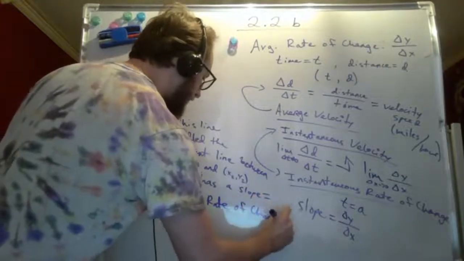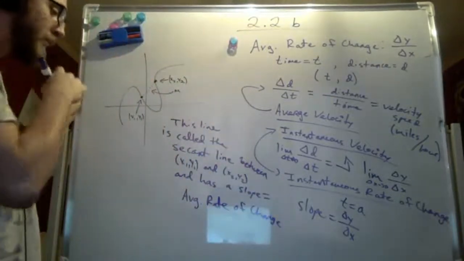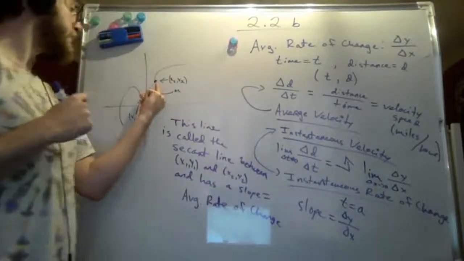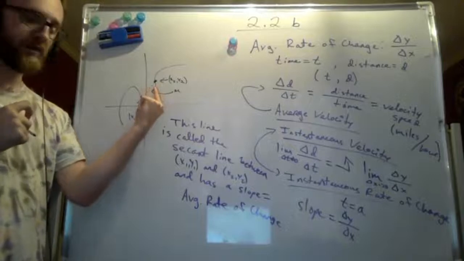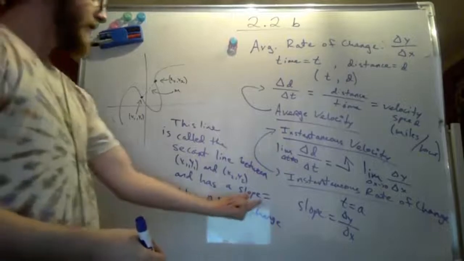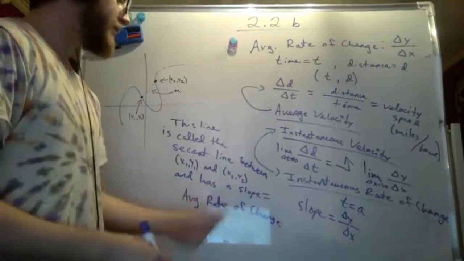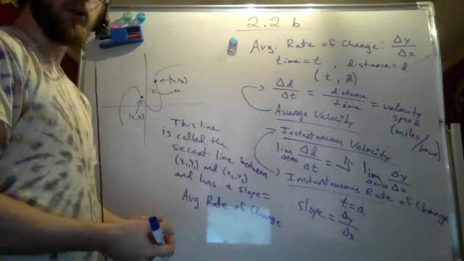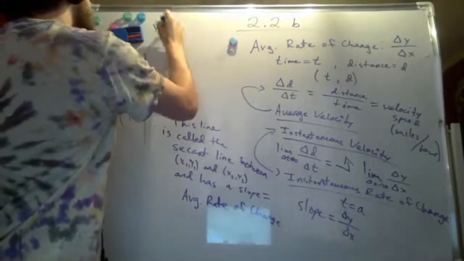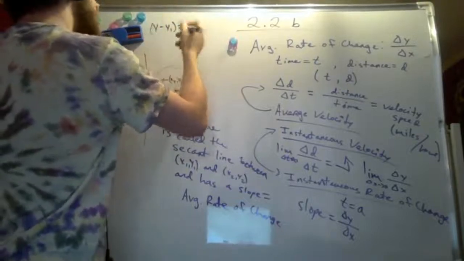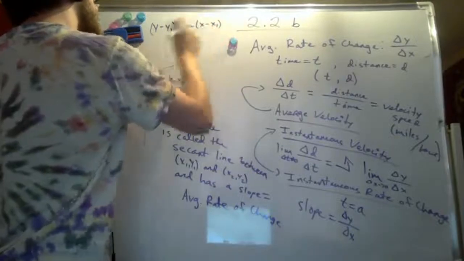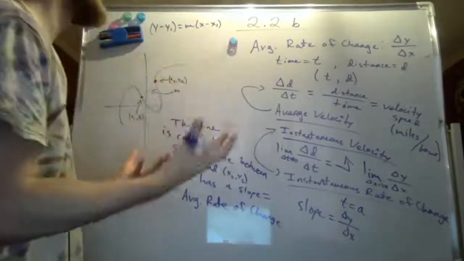So remember that formula we had from before for the average rate of change. You can use that formula with these 2 points to find the slope, the average rate of change between the 2 points. Well, if you want to find the equation for that line, you now have the slope, you now have a point, then use the point-slope form equation for a line, which I think we've talked about before, but just as a refresher, y minus y1 is equal to m times x minus x1, where y1 and x1 is some particular point.